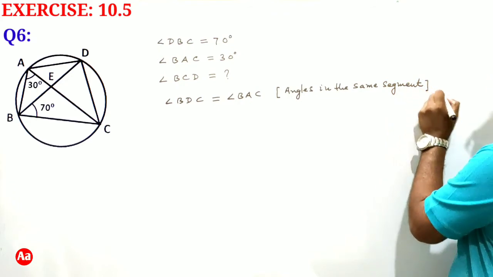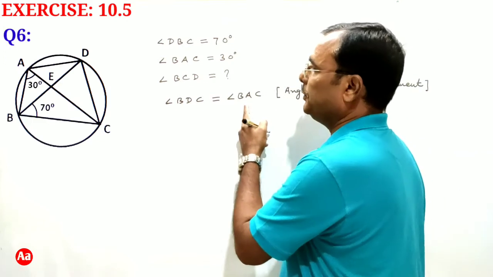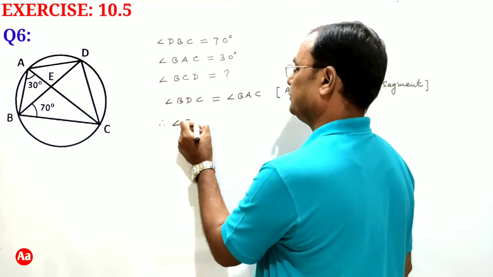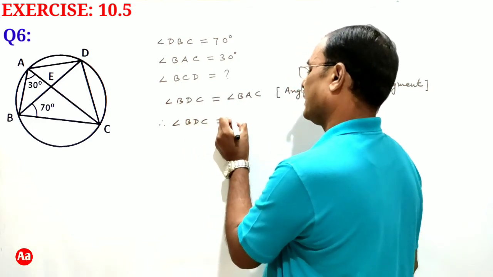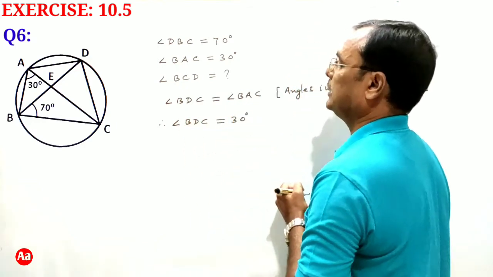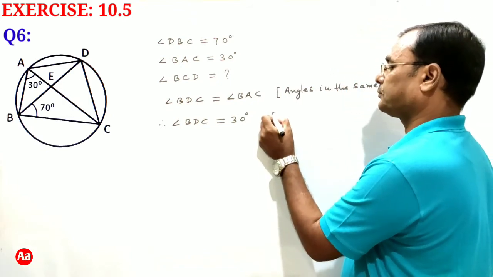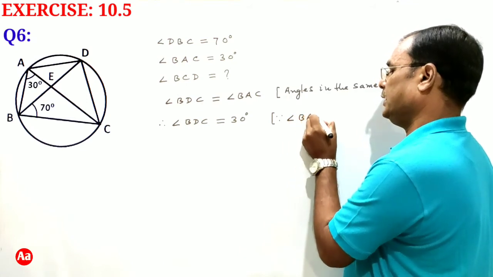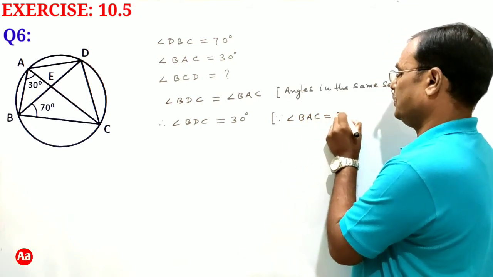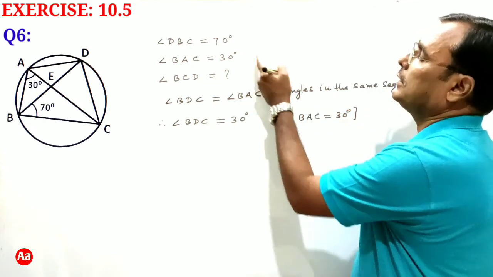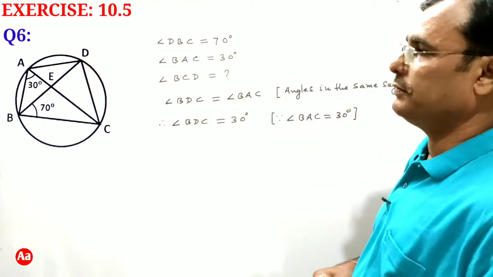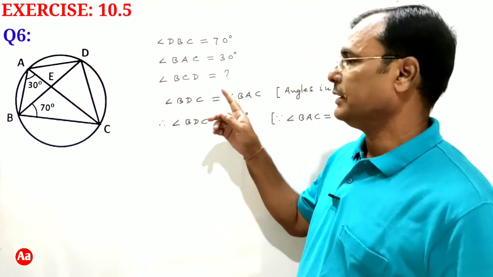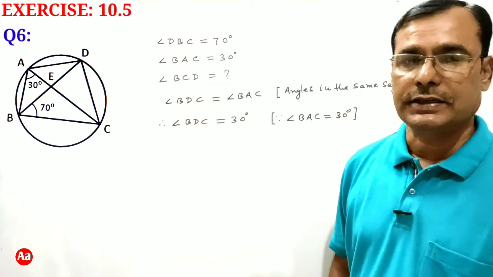So they are equal. Angle BAC is given 30 degrees, so therefore angle BDC also equal to 30 degrees. So this way angle BDC we have got 30 degrees and angle DBC is already given 70 degrees.